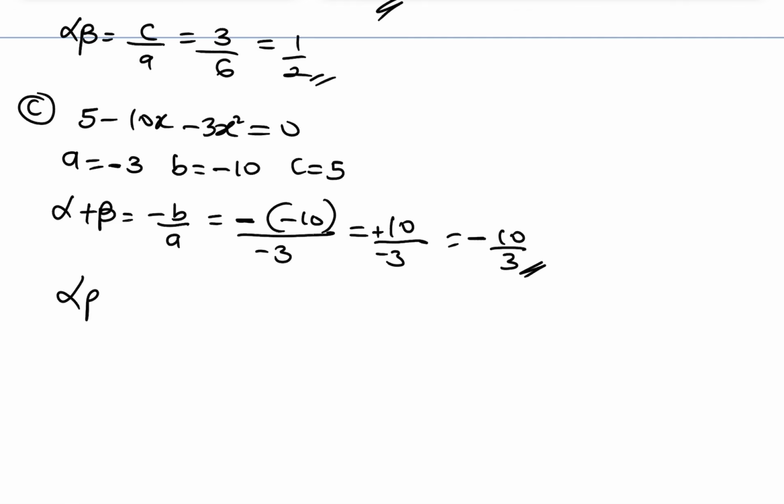Then the product is going to be c over a. What is c in this case? C is 5, and a is minus 3. So plus divided by minus is going to give us minus 5 over 3. So this is how we find the sum and product of roots.